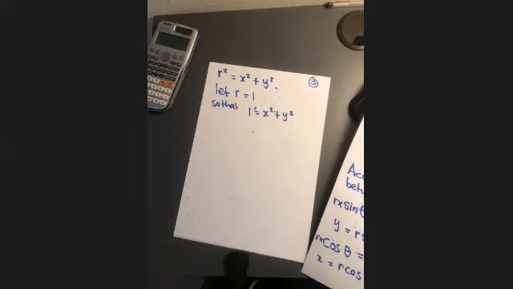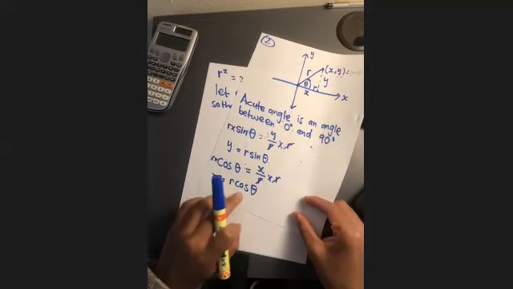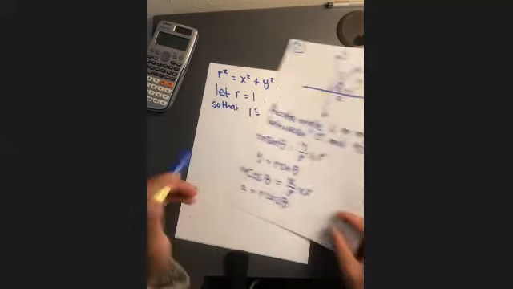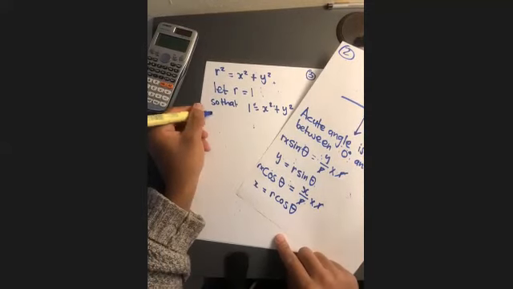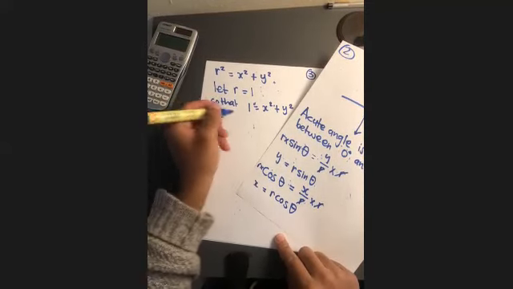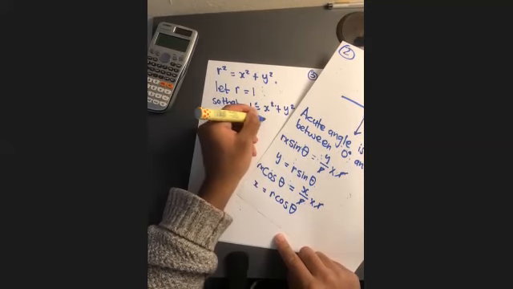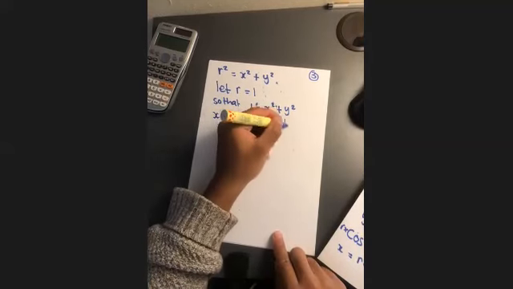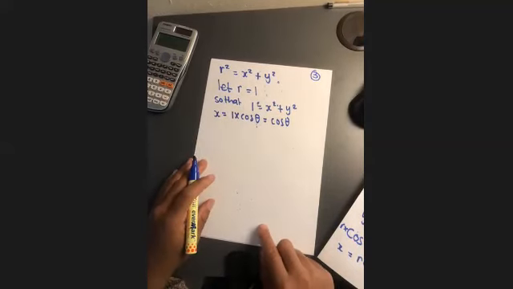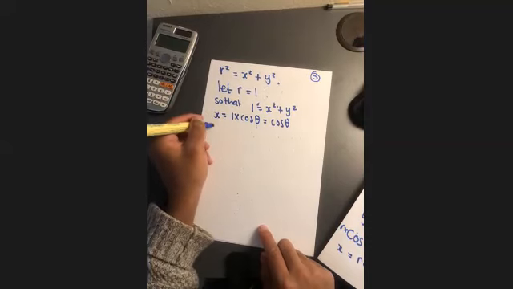So now we know that, given that r is equal to 1, we have x is equal to 1 times the cosine of theta, which is just equal to the cosine of theta. And the same thing applies when it comes to y.